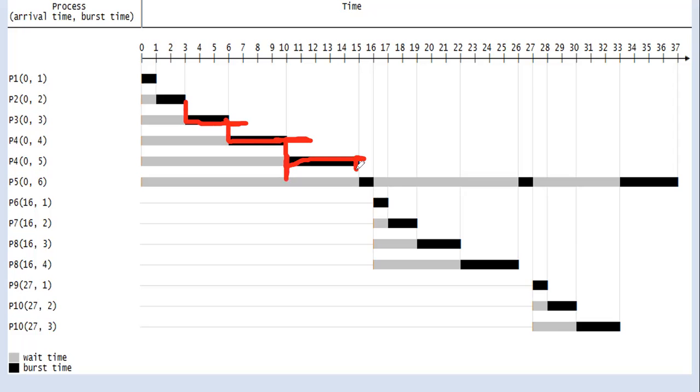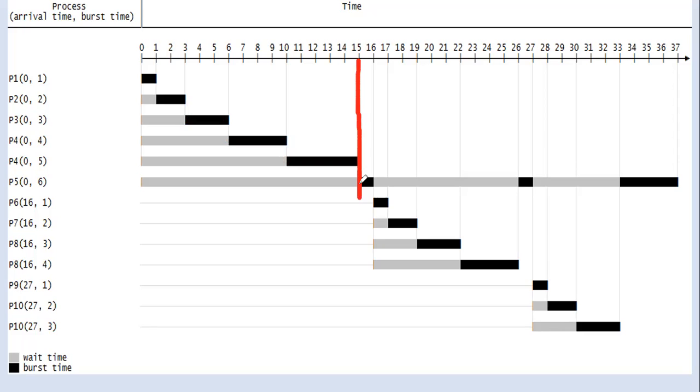And then at that time, another process which has been waiting all through, which requires a burst of 6, will then require to be processed. Note that process P5 starts being processed at time 15.